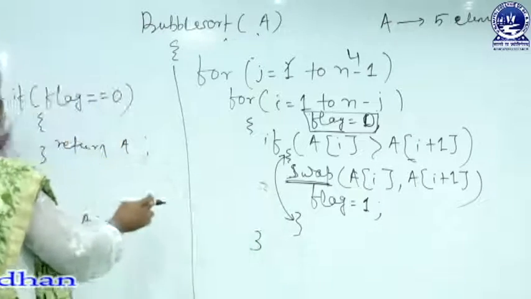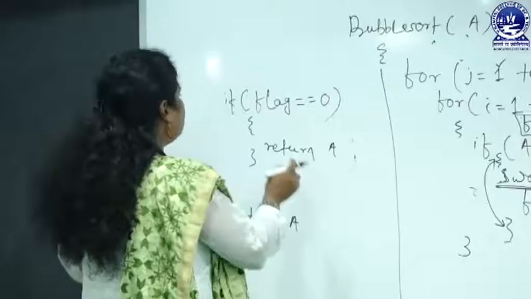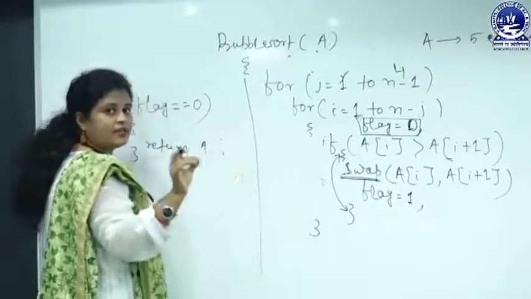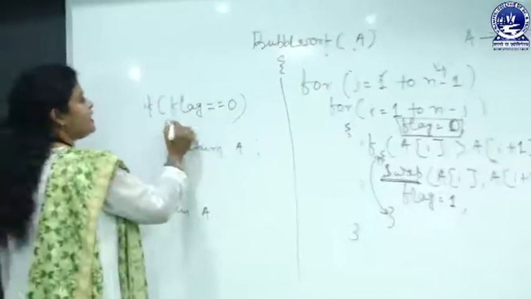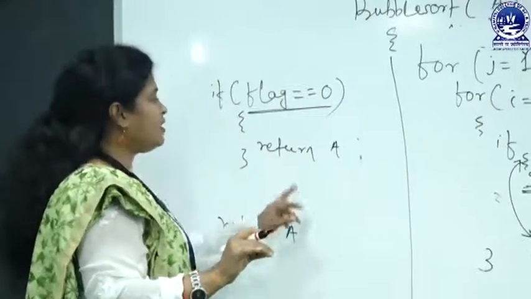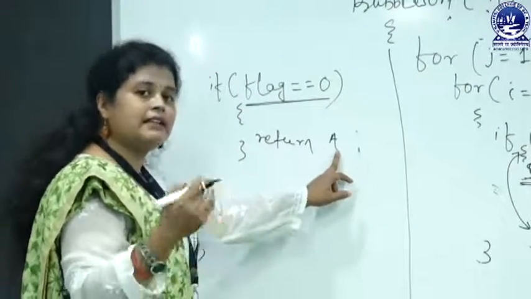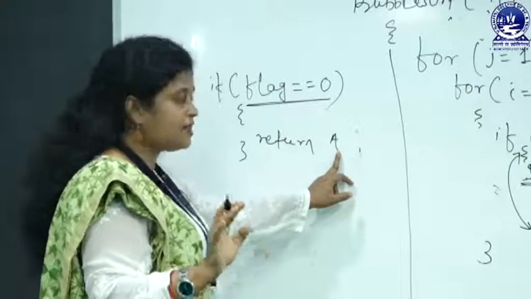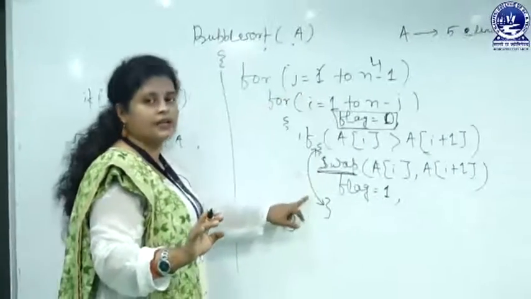And at the end of this for loop, after each iteration, what will we do? We will check if flag equal to 0. If flag equal to 0, then return A, means return the list. Otherwise, if flag is not equal to 0, it means that the loop will be continued again.